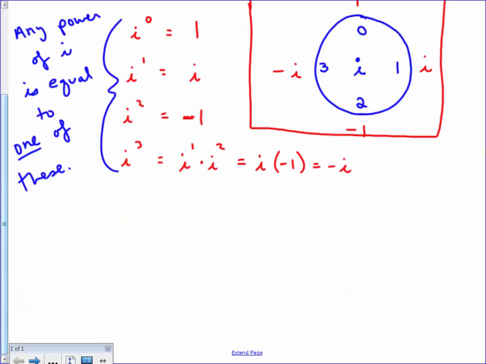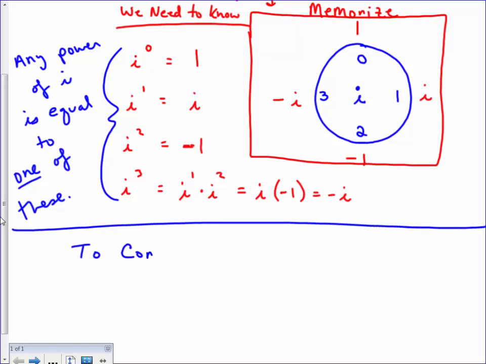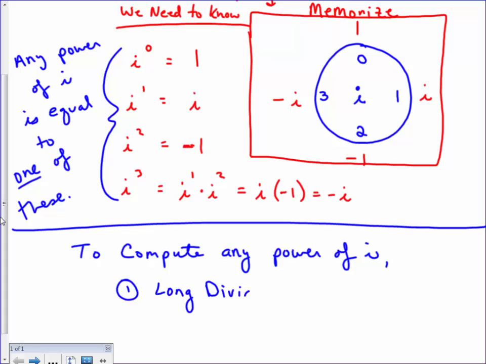Now, not only do you need to know the i clock, but you need to know what to do with it. It's a tool. And so down below, I will say, to compute any power of i, here would be the steps. You would first long divide, don't use your calculator, but long divide the given power by 4.